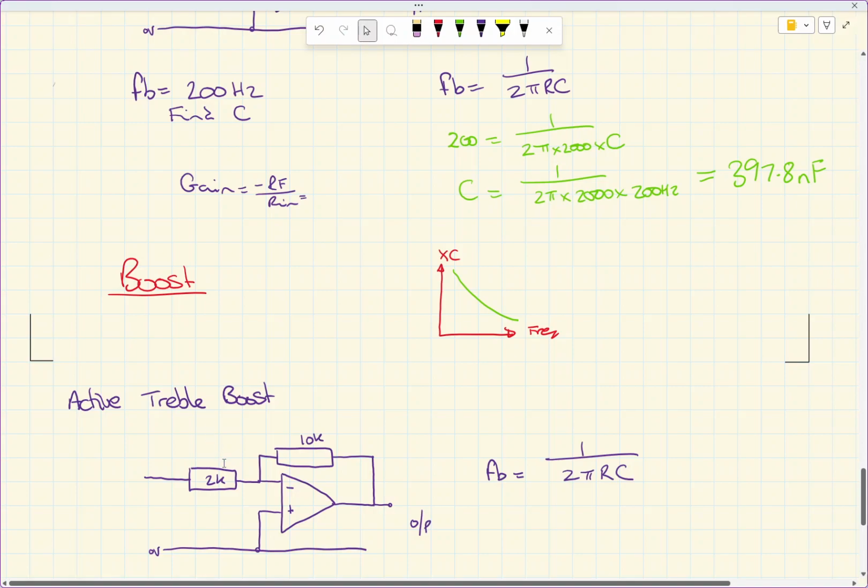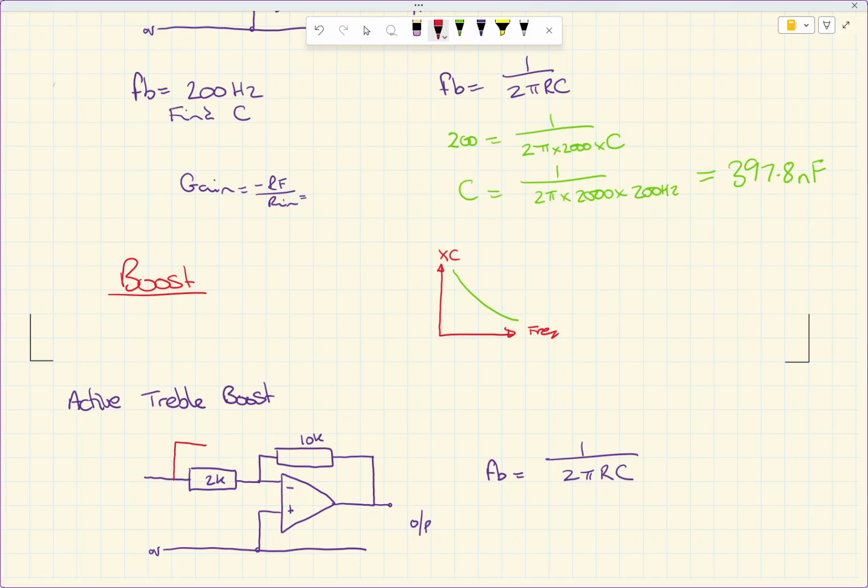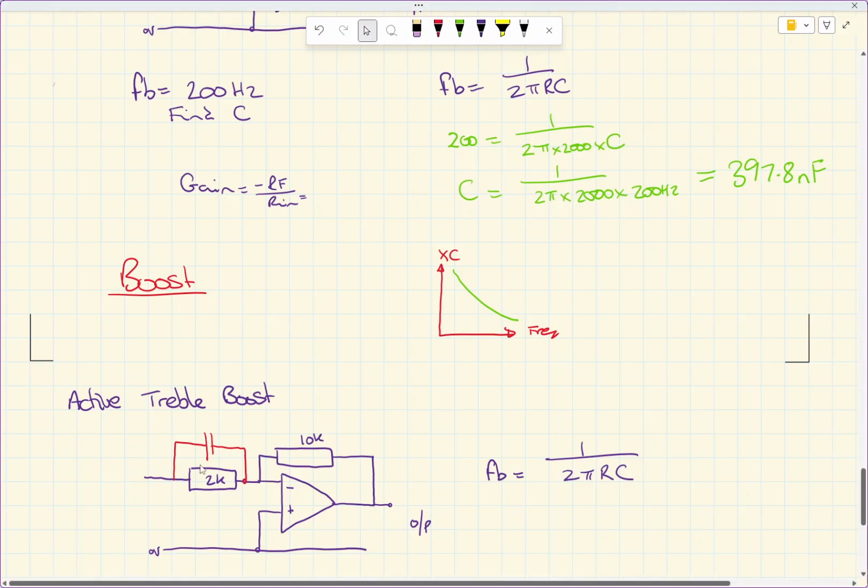So if we put it just here, at high frequency the reactance of the capacitor is smaller, so it effectively makes Rin a lot smaller at high frequency, and that then increases the gain.